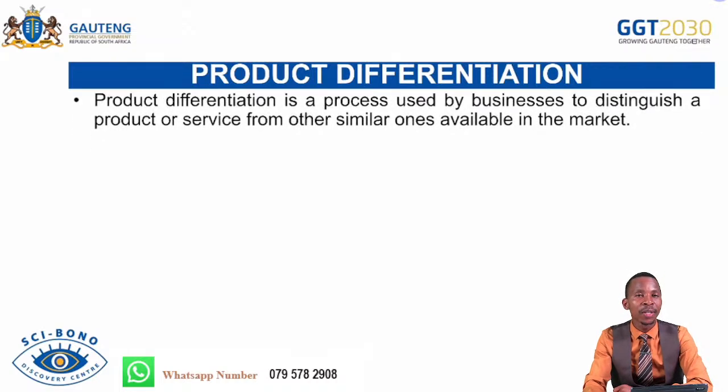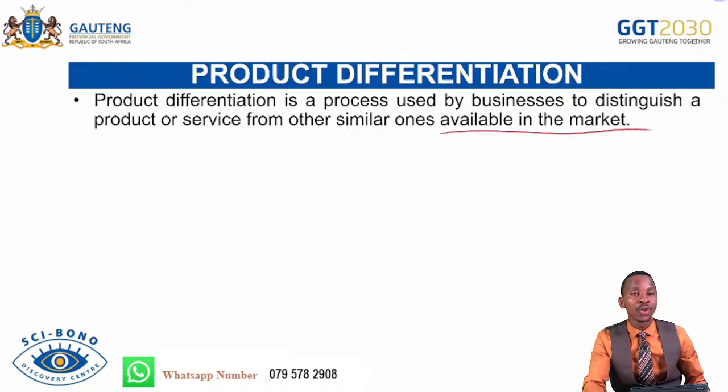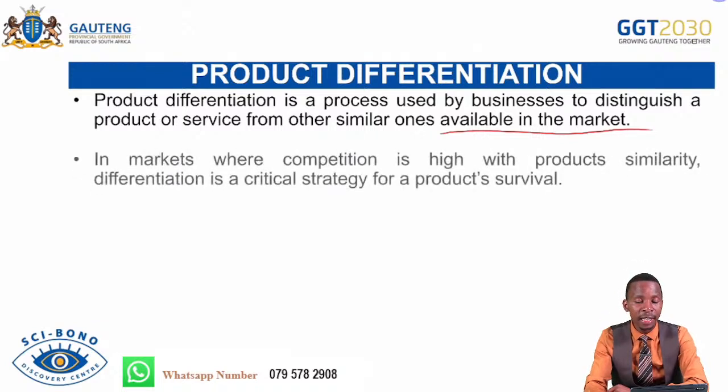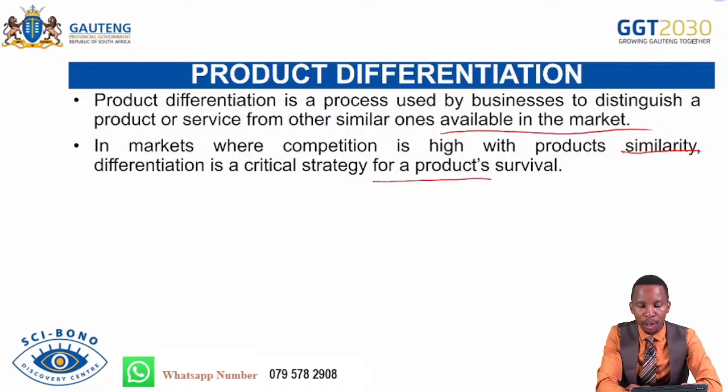So firms ensure that their products are differentiated. Product differentiation is the process used by businesses to distinguish a product or service from other similar ones available in the market. So they ensure that their products are very much differentiated as compared to those of the competitors in the market. In markets where competition is too high with product similarity, differentiation is a critical strategy for a product to survive.